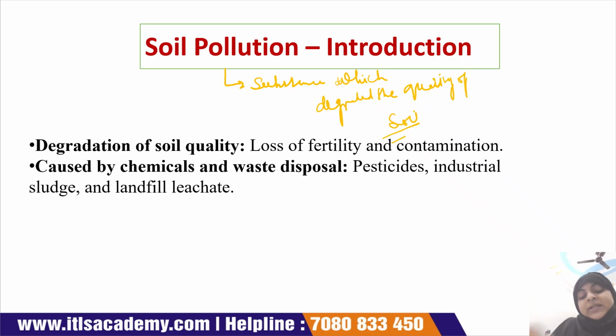When the quality of the soil is degraded, it is called soil pollution, and the substances responsible for the degradation of the quality of the soil are known as soil pollutants. When the soil quality is degraded, ultimately the fertility of the soil is lost and contamination occurs.